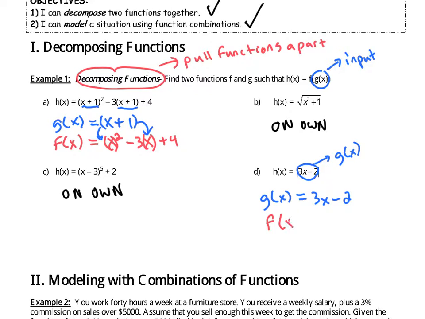Well, we'll call the outside function f of x, and that would simply be absolute value of x. You can check your work by verifying that if you were to plug in the input function g of x into f of x, what you end up with is the composite h of x.